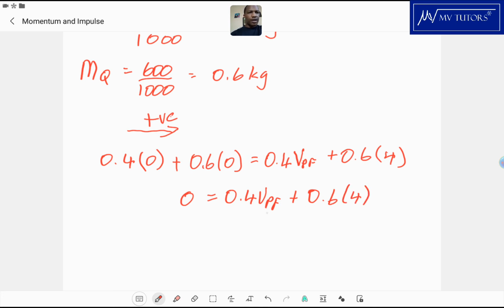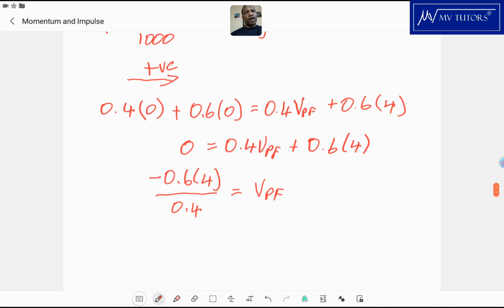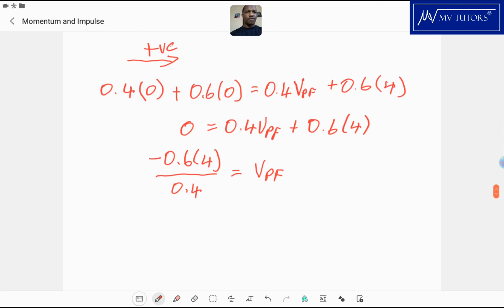And then basically I want to make VPF the subject of the formula. If I take this to the other side, it's going to be minus 0.6 times 4 divided by 0.4. That's just a little bit of maths on how to make things the subject of the formula.